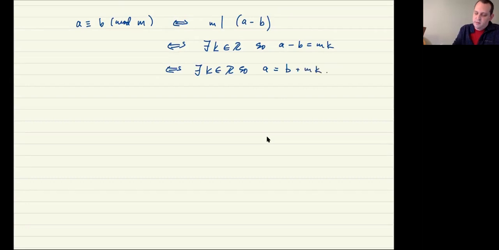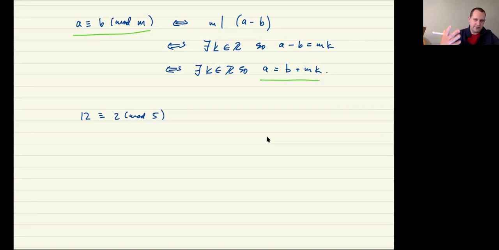Okay, I'm really just rearranging and unpacking the definition, but this is actually going to be incredibly useful for us. Two integers are going to be congruent mod m if and only if they differ by a multiple of m. So this is an easy way to see that 12 is congruent to 2 mod 5, because their difference, 12 minus 2, is a multiple of 5. That's basically what we said above, but I think this formulation is particularly nice.